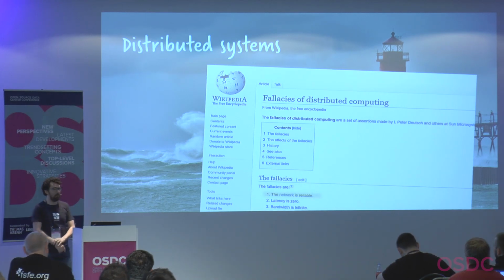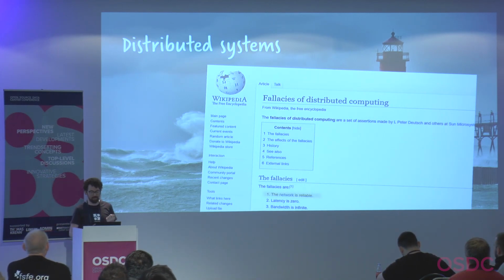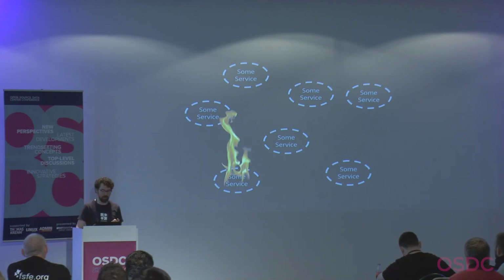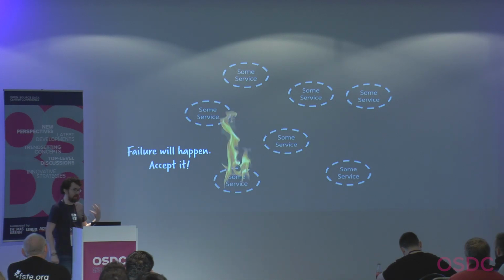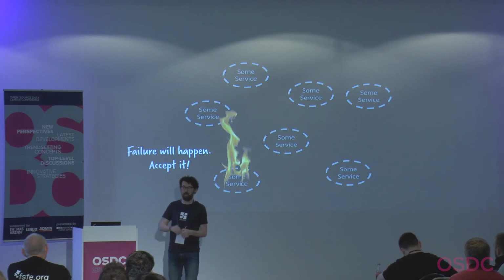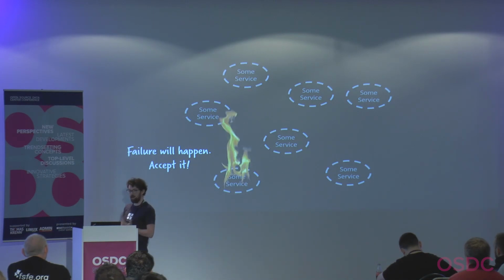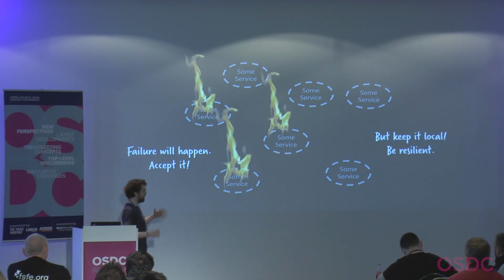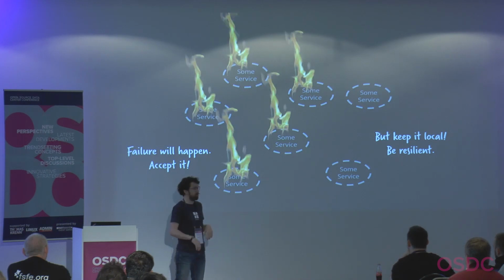So what this means in practice is that if you have a bunch of microservices, the first thing you have to realize is that when they break, failure will happen and you have to accept it. If everything is distributed, you're going to have some little guys that fall apart. If you accept failure in one service, this does not mean that that one failure is going to bring everything down.